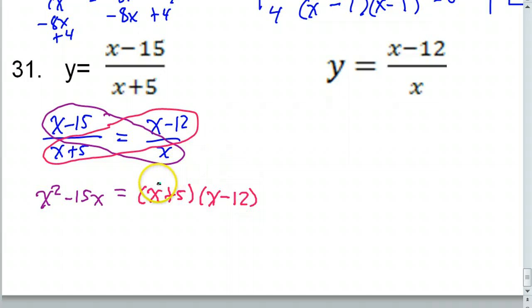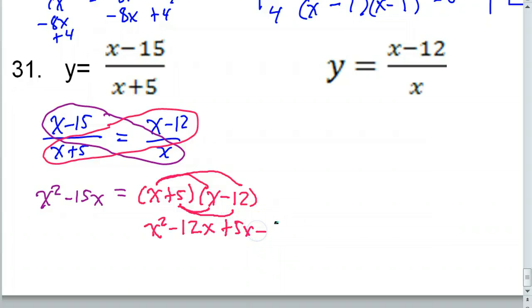If I double distribute this, okay, so x times x is x squared. X times negative 12 is negative 12x. 5 times x is 5x. 5 times negative 12 is negative 60. Okay, so that gives me x squared minus 7x minus 60.